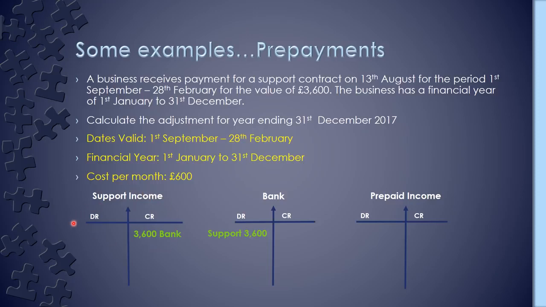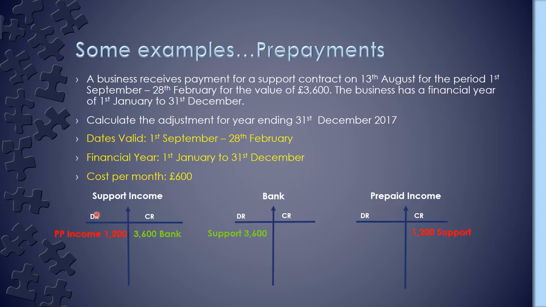So the next thing that we need to do is debit the income account because we want to reduce it. We need to debit the income account by 2 months worth of that contract. So we've got our cost per month here of £600. So £1,200 becomes the amount of money that has not been earned in 2017.